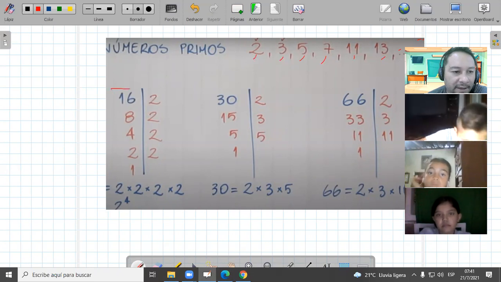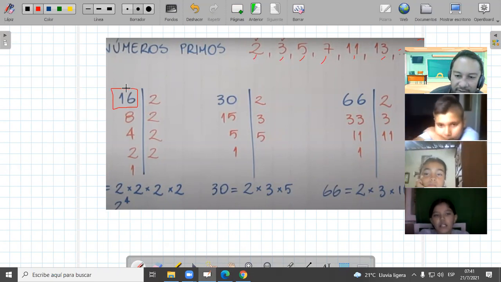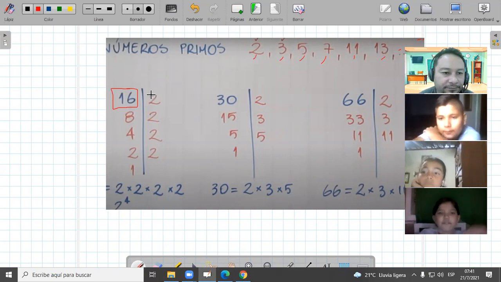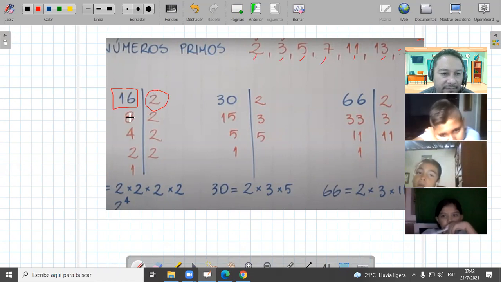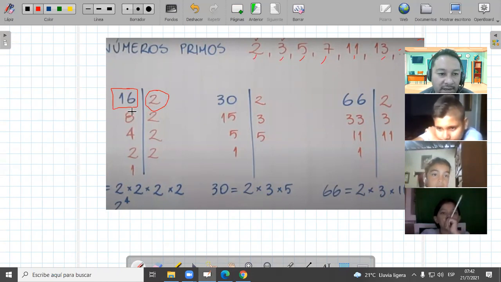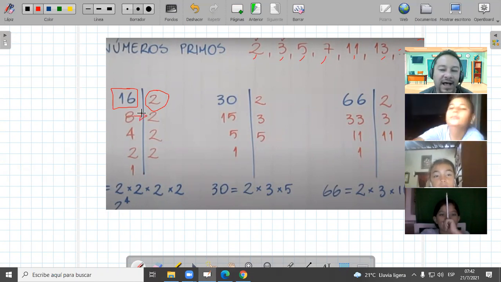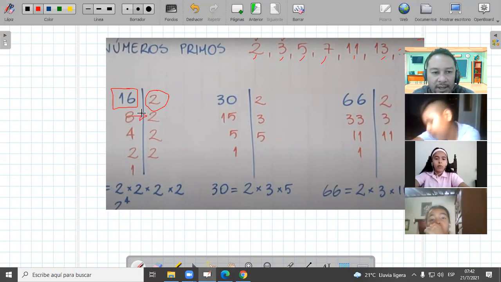Okay, I have an example here with 16. 16 has a half? Yes, 8. And 2 times 8 is 16. Now the half of 8 is 4.